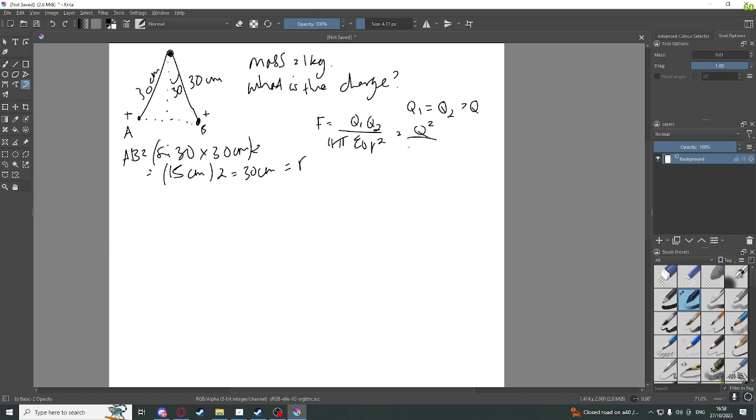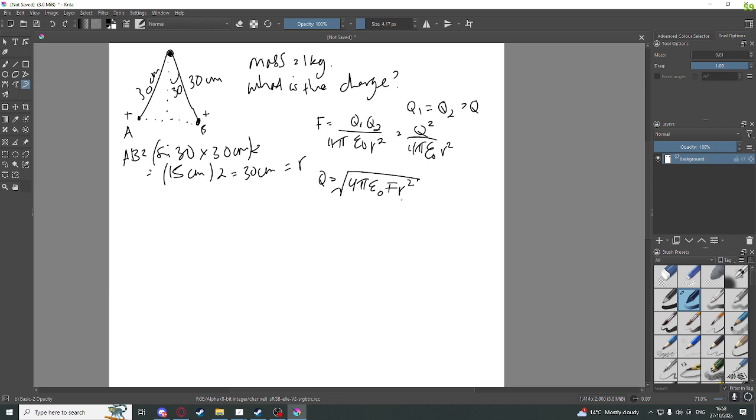So I can rewrite this as q squared over 4 pi epsilon 0 r squared. And just rearranging for q real quick, I'm gonna get the square root of 4 pi epsilon 0 F times r squared. And because I know my charge could be positive or negative, it can be plus minus, but in this example it's positive, so I'm just going to take the positive number of the square root.